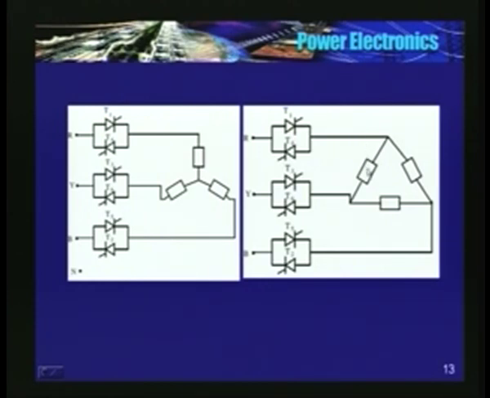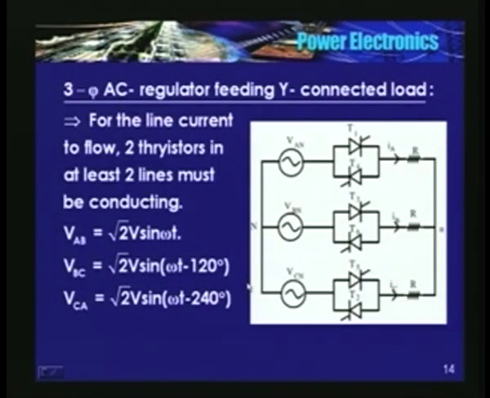Now same as before, we have connected this bank outside, not in series with the load. There are various possible configurations. Okay. We will analyze one of them, a 3-phase AC regulator feeding a star connected load.